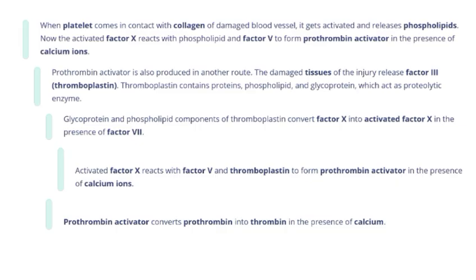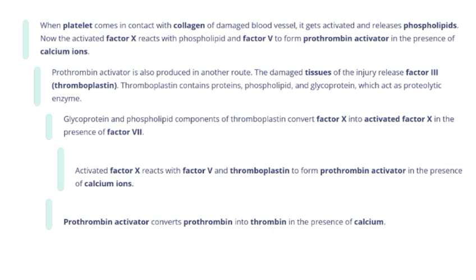When platelets come in contact with collagen of damaged blood vessels, they get activated and release phospholipids. Now the activated factor 10 reacts with phospholipids and factor 5 to form prothrombin activator in the presence of calcium ions. Prothrombin activator is also produced by another route. The damaged tissue of the injury releases factor 3.